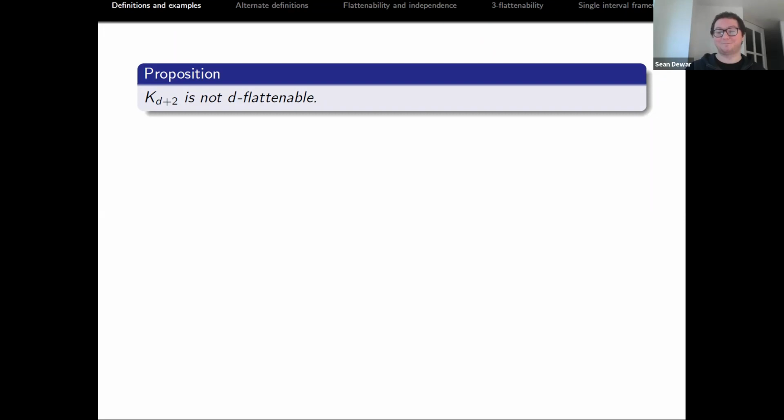So what then do you mean by saying that a graph is D-flattenable? If you want to think about edge weights, any Euclidean distance matrix, if you take some edge weights that are a Euclidean distance matrix, can always be realized in D dimensions, if that's preferable. Okay.